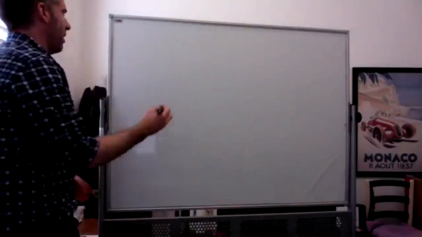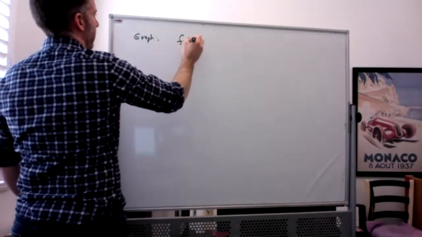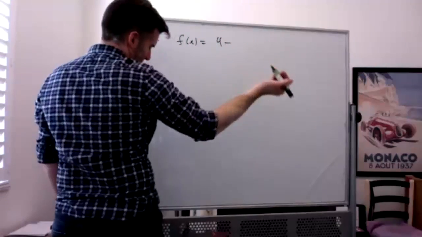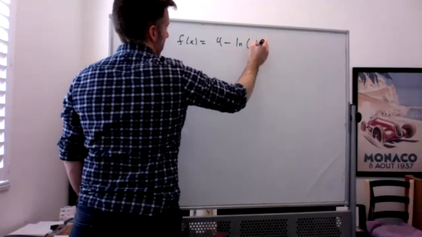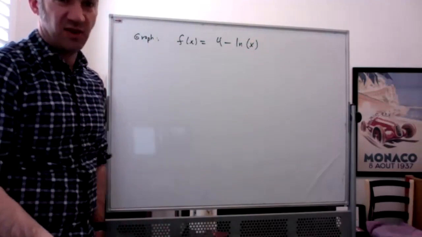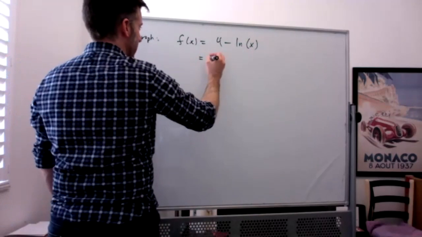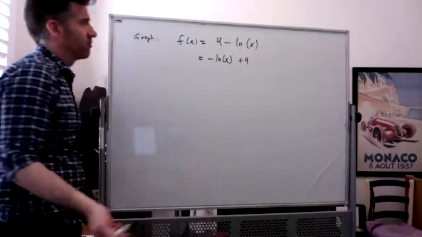So let's say I wanted to graph f of x equal to 4, yeah, sure, 4 minus the natural log of x. So first of all, this is written in kind of a not ideal way. I would probably rewrite it as the negative log of x plus 4.